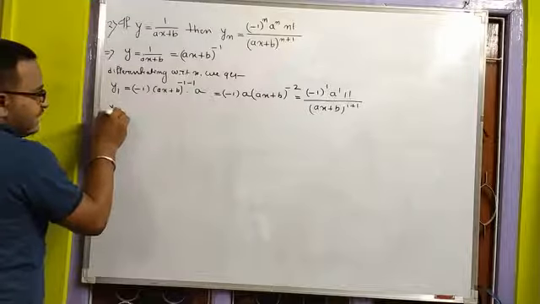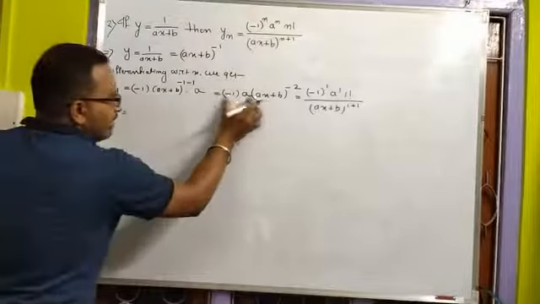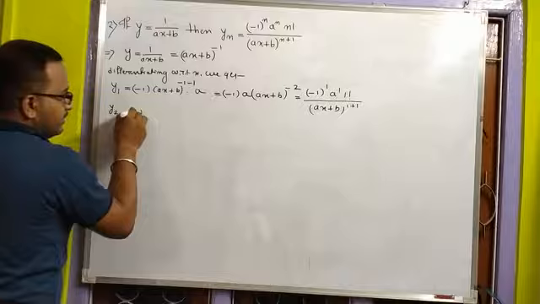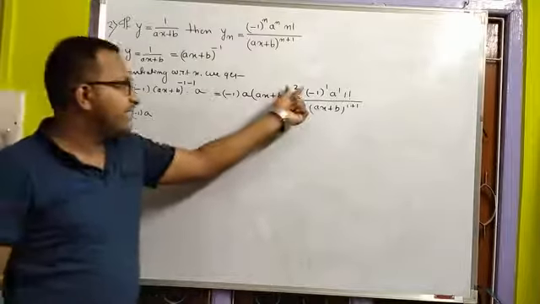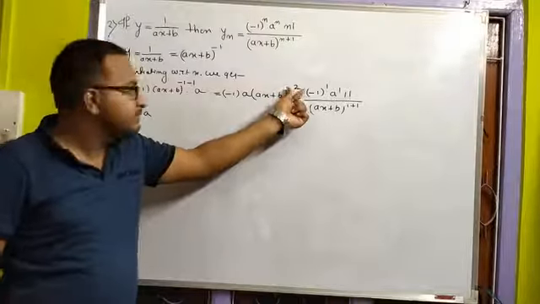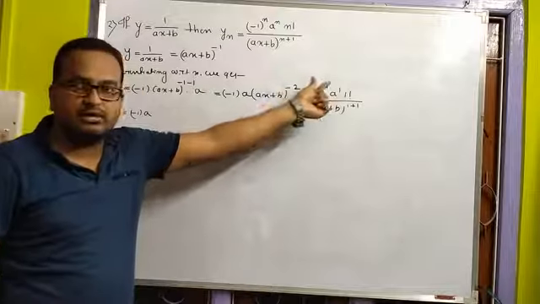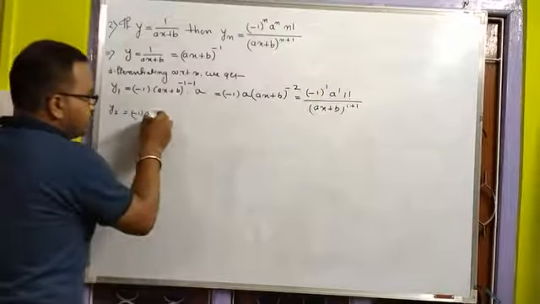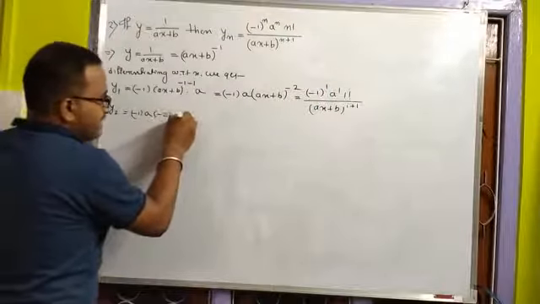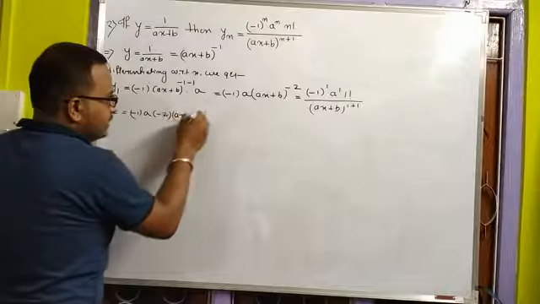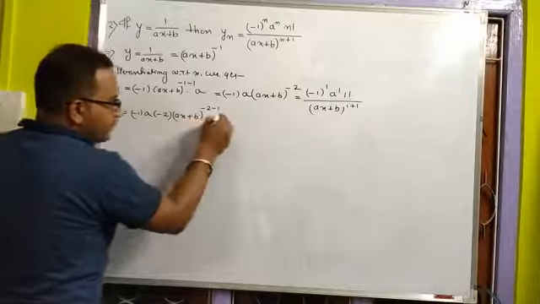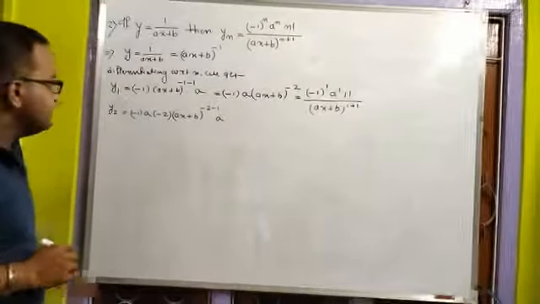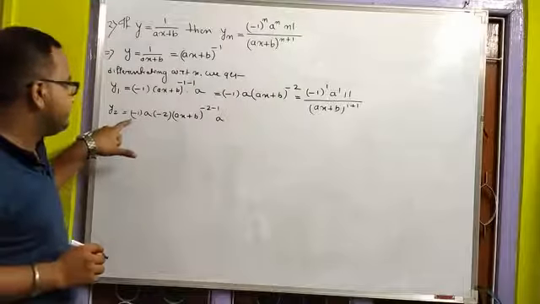Again differentiating we get y2. It will be minus 1, then a is constant so keep it like that, then the same concept of x to the power n: n times x to the power n minus 1, so it will be minus 2, ax plus b whole thing to the power minus 2 minus 1, into the derivative of this, which is a.